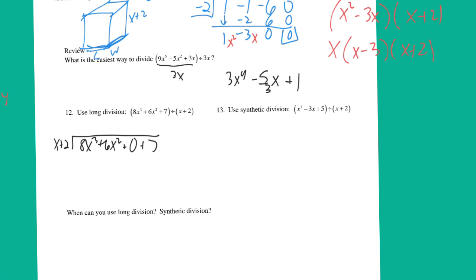And so how many times does this go in here? It would be 8x squared, and you get 8x cubed plus 16x squared, distribute a negative 1, and you get negative 10x squared plus 0. If you multiply this by negative 10x, you are going to get negative 10x squared minus 20x, distribute a negative 1, 20x, and then bring down the 7.